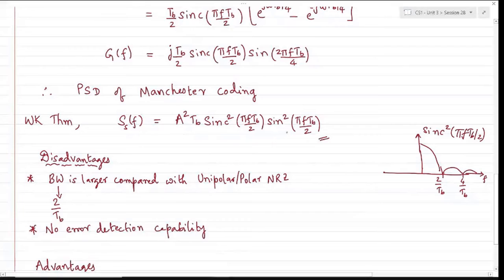Since there is a sine square term, if I try to find the value at f equal to 0, because that was the major drawback of polar and unipolar NRZ schemes, where there was a finite or non-zero power content at DC, or f equal to 0. As you can see from this expression, at f equal to 0, sinc square is a non-zero function, but it is multiplied with another function in terms of sine.